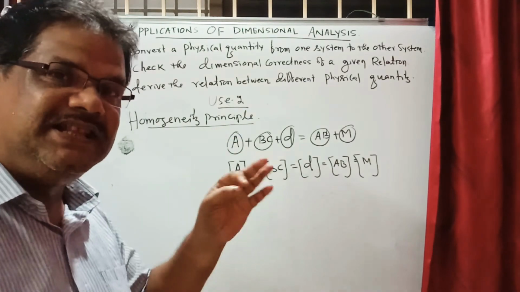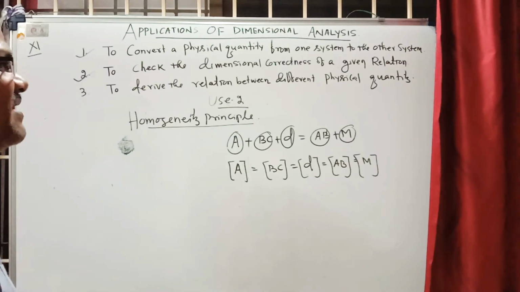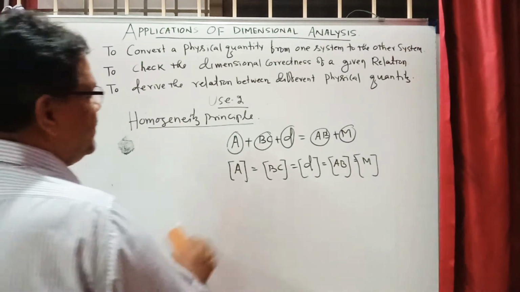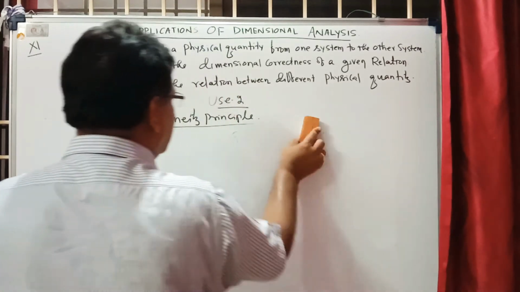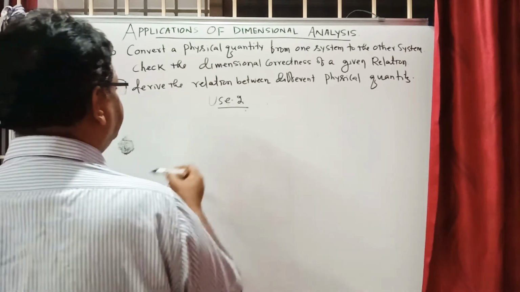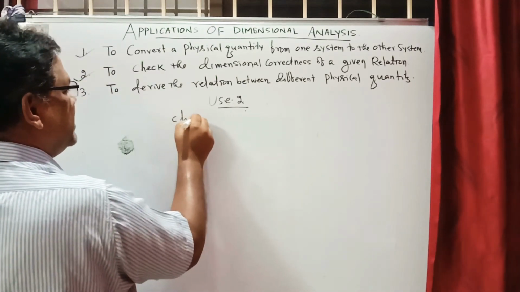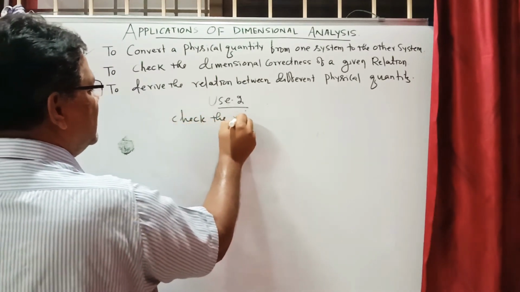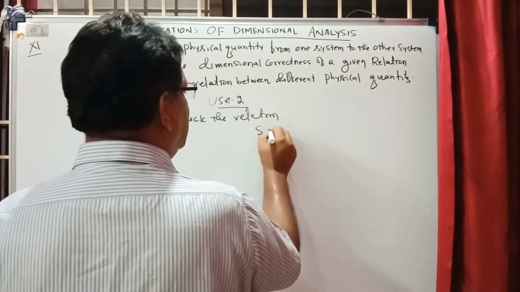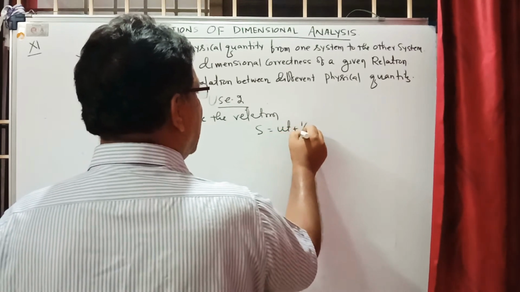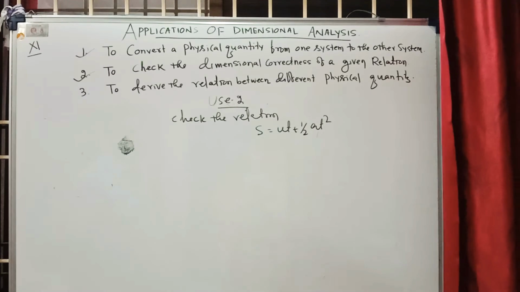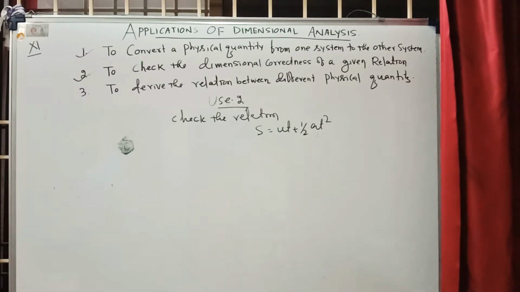We have to apply this principle whenever we want to check the correctness of a given relation. For example, check the relation S equal to UT plus half AT square dimensionally.